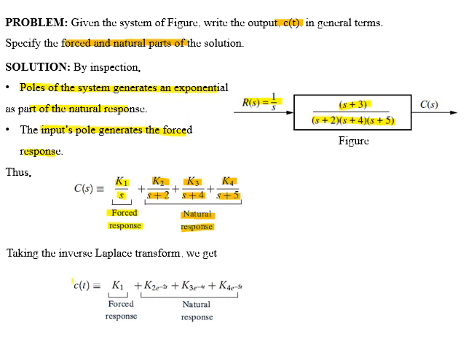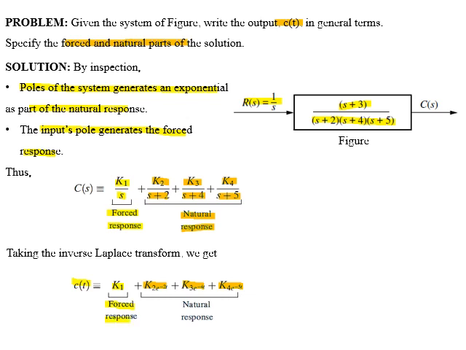Now taking inverse Laplace, we will have C of t equals k1 plus k2 multiplied by exponential power -2t plus k3 multiplied by exponential power -4t plus k4 multiplied by exponential power -5t.